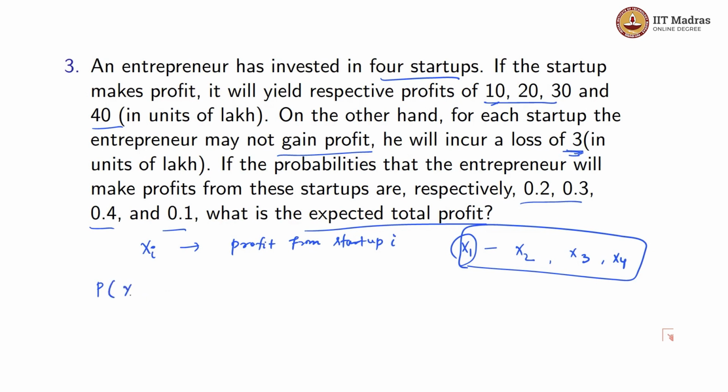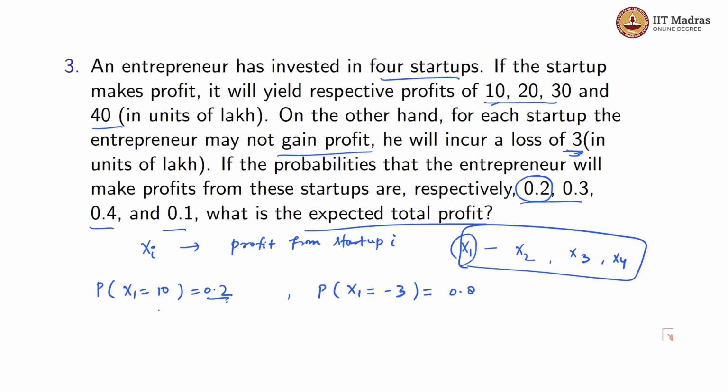So x1 can take the value 10 with the probability 0.2. Similarly, since we are treating loss as a negative profit, x1 can take the value minus 3. The probability for the profit of 10 lakh is 0.2, so the loss, which we are treating as negative profit, has probability 1 minus 0.2, which is 0.8.